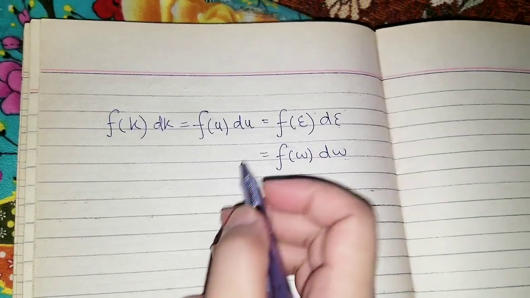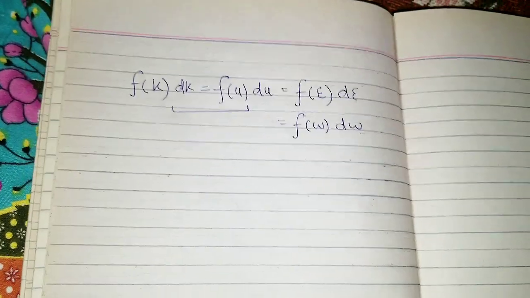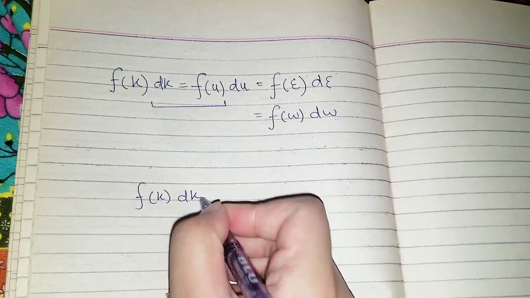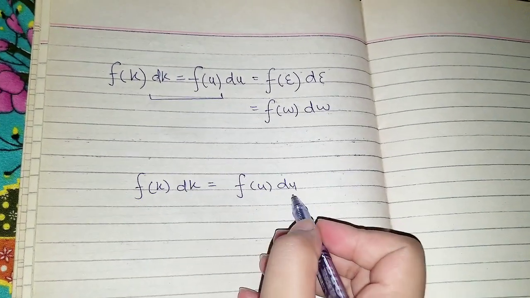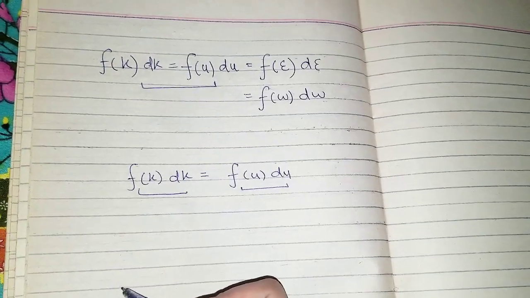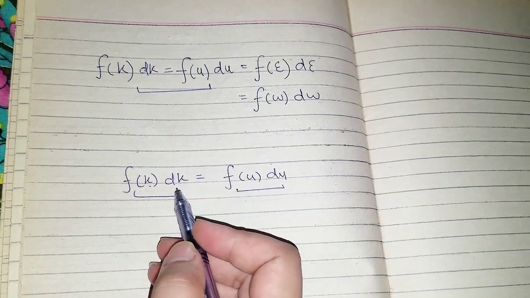Now since we are considering the k to u space conversion, let us have this expression right here. What we want to find out is this thing, and we have this in our question, so let us put in the value of f of k and the value of dk.